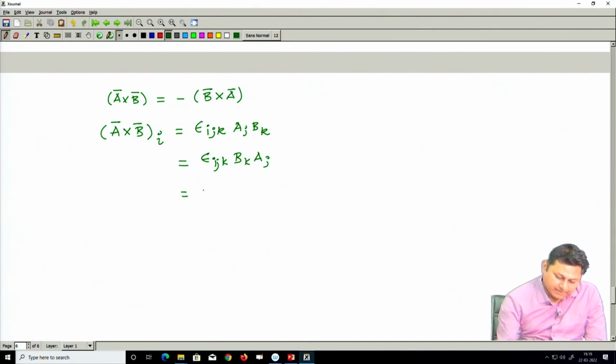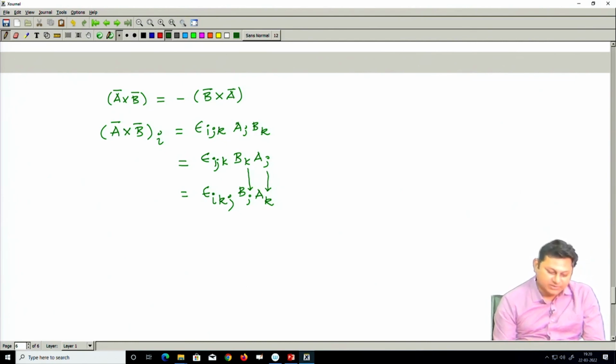If I do, then I should write epsilon i, I replace this j with k and k with j, because these are dummy indices. I can have B j and A k. Mind it, I replace j with k here and k with j here. K is replaced by j, j is replaced by k, because these are dummy indices. I can always do that interchanging.